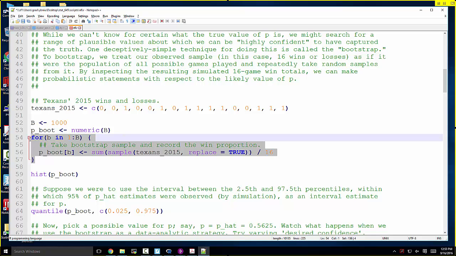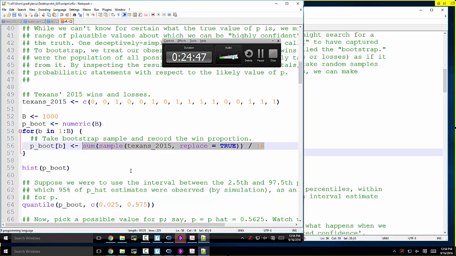For each one, sample with replacement from our in numbers. So this right here samples with replacement, which gives me 16 zeros and ones drawn with replacement from our original 16 zeros and ones. So that highlighted piece is creating a Bootstrap sample. Then we computed with that the statistic that's of interest.